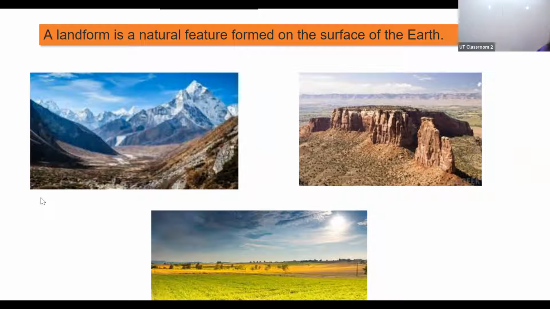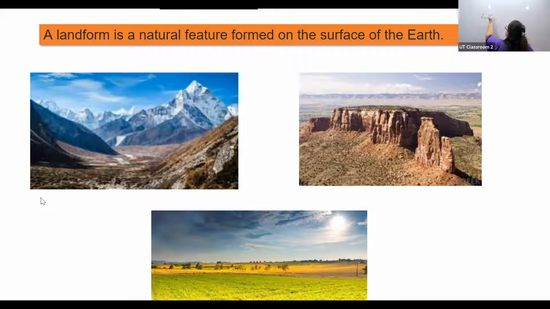Landforms of the Earth. Who erased this? Those people came to erase or you did it? Okay.